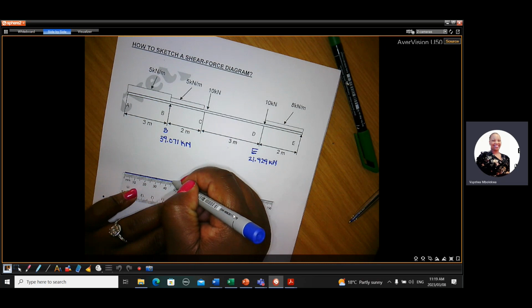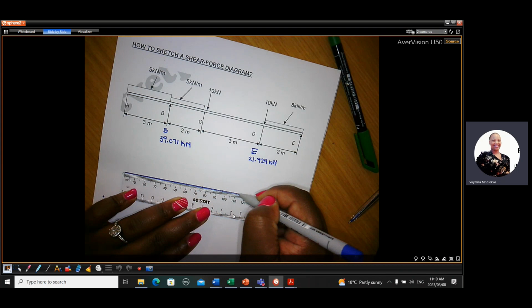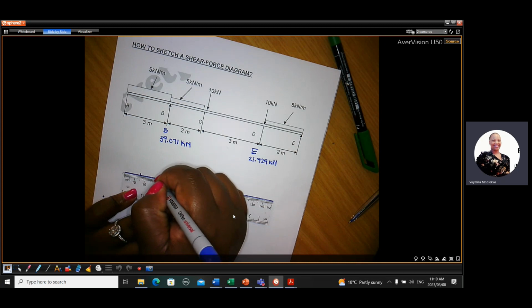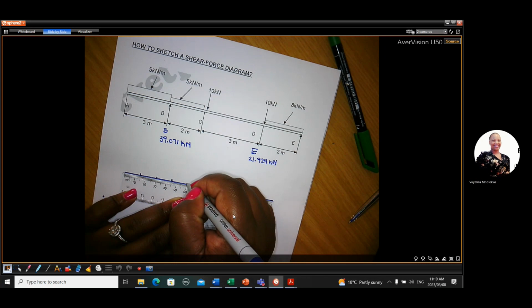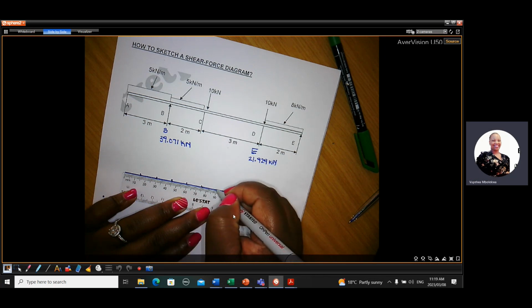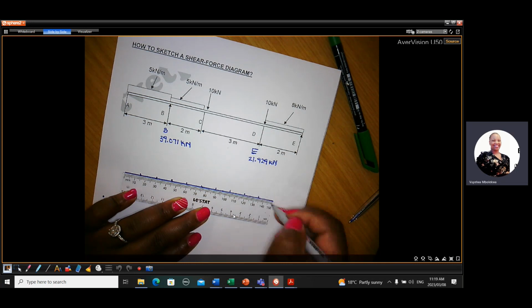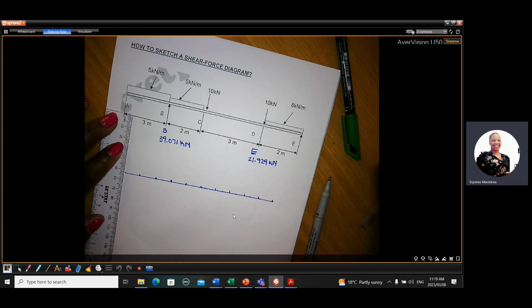1, 2, 3, 4, 5, 6, 7, 8, 9, 10. So I've just scaled it and shown each meter, because when you show each meter, it's easier to work with.